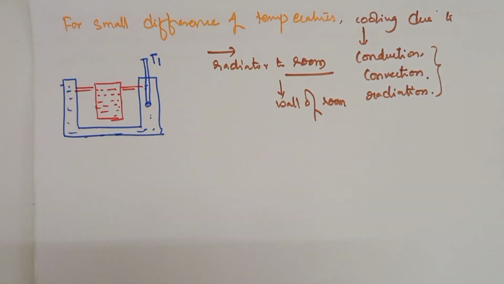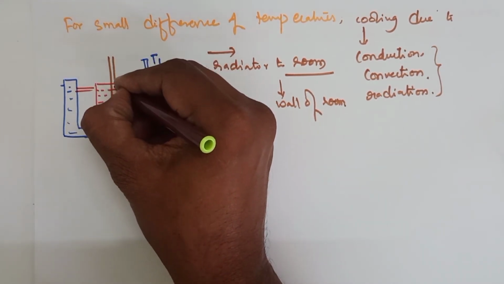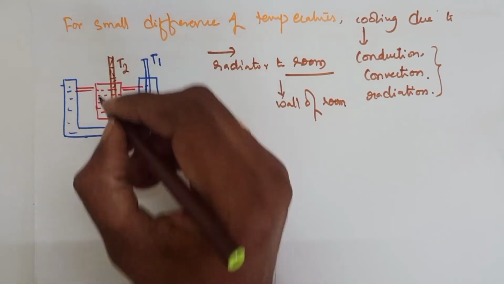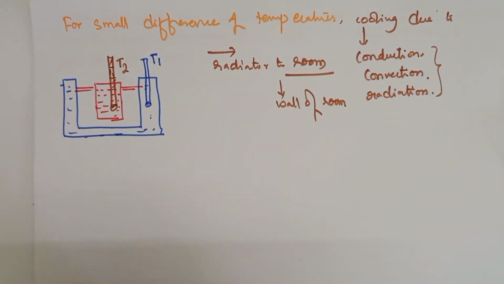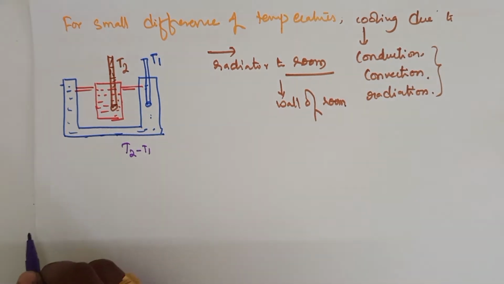This is a thermometer which is placed here, which reads the T2 temperature. Now what happens after some time, the T2 slowly falls down. The difference in temperature is T2 minus T1, right?